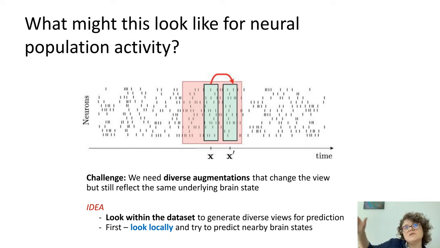So being able to link and learn representations across non-local, temporally distinct points in time would also be a really powerful strategy. Really the goal is to build a framework where we can leverage the diversity within our neural activity or within our data to solve this augmentation or self-supervised learning task.